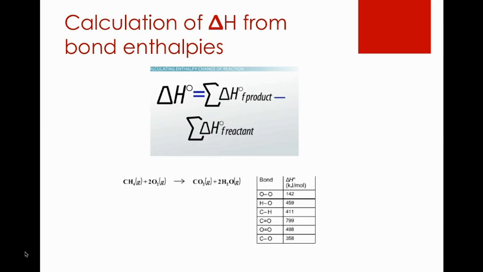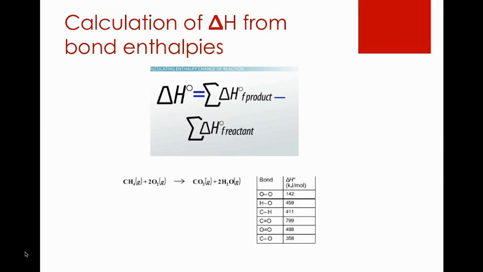Here you can see methane and oxygen making carbon dioxide and water. To determine the delta H's of the products, we would have to determine how many bonds exist in the products.